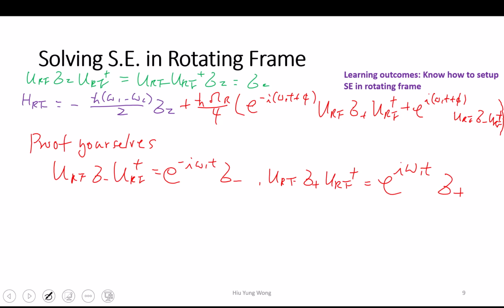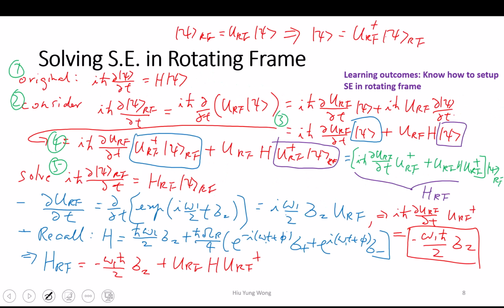We already know what sigma plus is, right? For example, sigma plus is the matrix 0, 2, 0, 0, as we discussed at the beginning. And what is URF? We also proved that it is e to the power, which one?